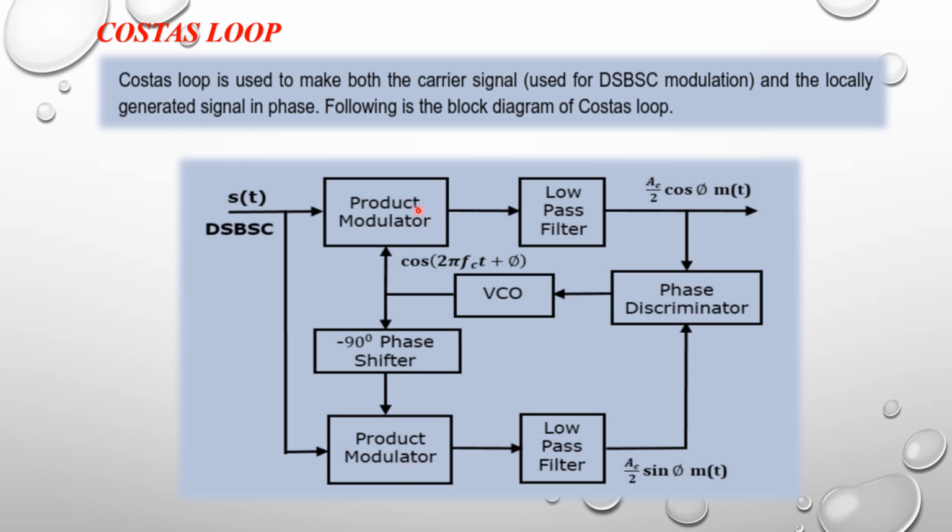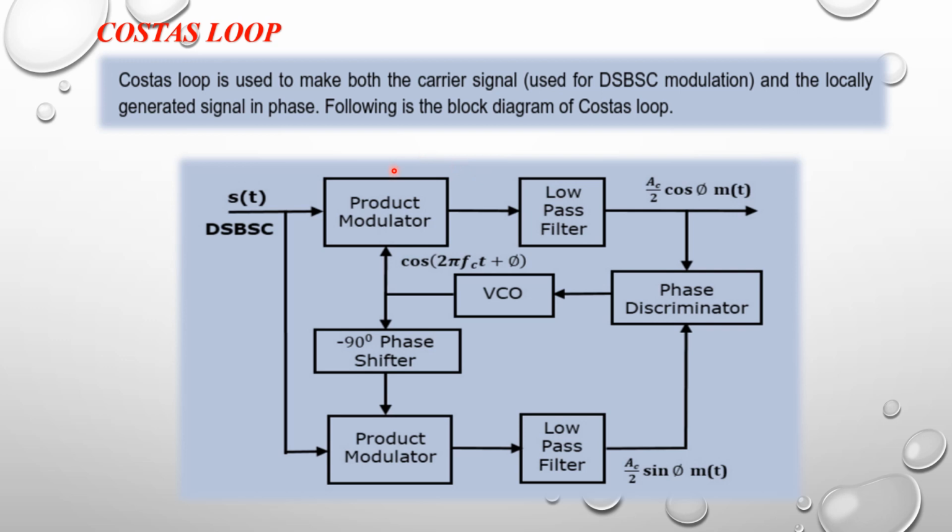The upper product modulator is connected to a low pass filter. The low pass filter passes the lower frequency, and the output is Ac by 2 cos psi into M of t. The lower product modulator is connected to a low pass filter, and its output is Ac by 2 into sin psi into M of t.